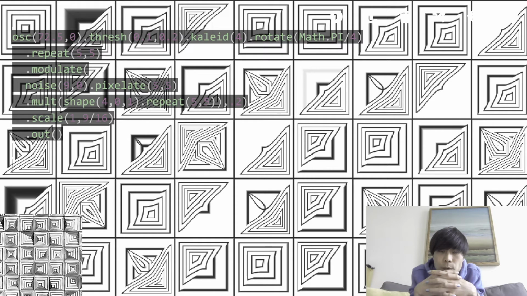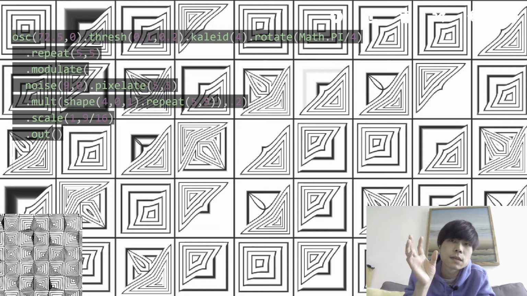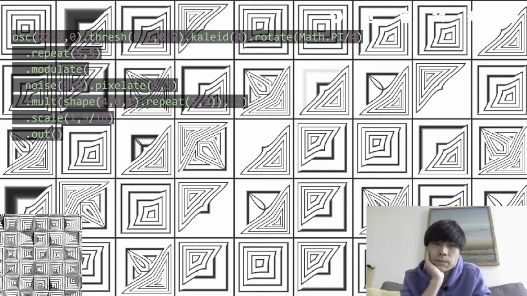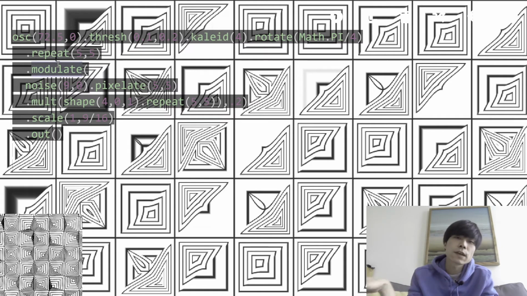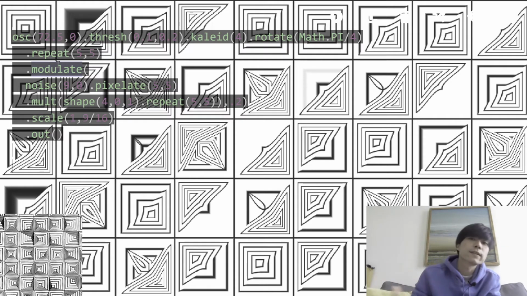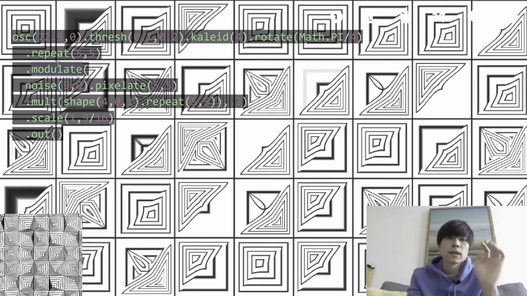The other problem I'm having right now is noise goes from -1 to 1. And of course, you don't see the color in noise. It's always grayscale. And that's a problem here, because modulate takes R and G, R for moving in X, G for moving in the Y direction. And because noise is grayscale, it's always pushing to a diagonal line, because X and Y are always the same.